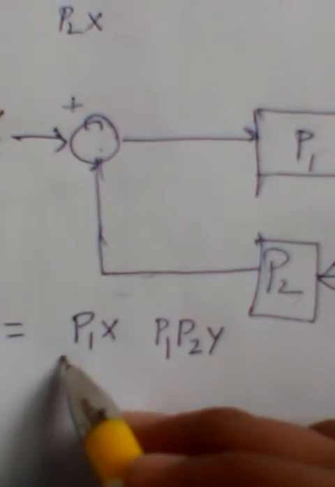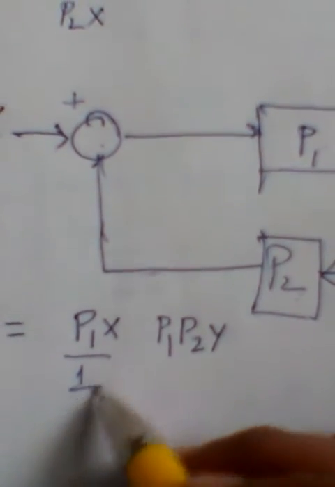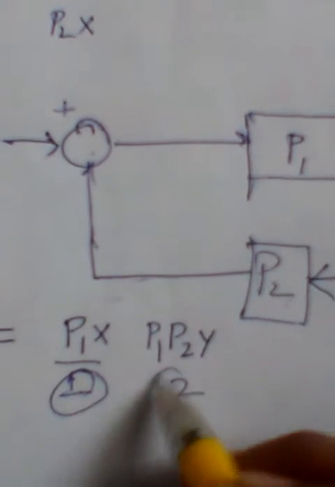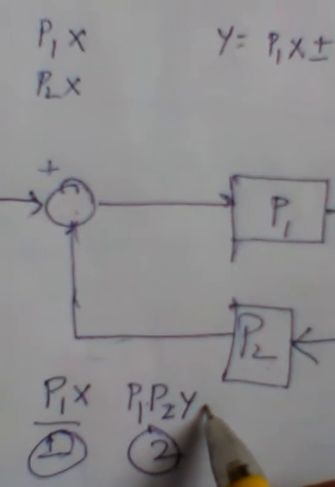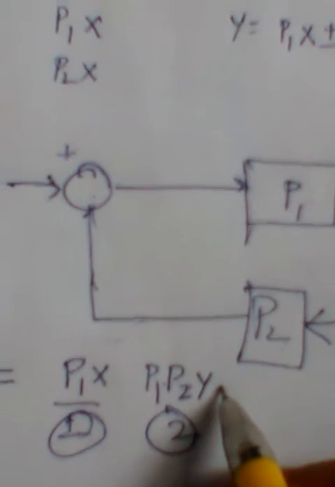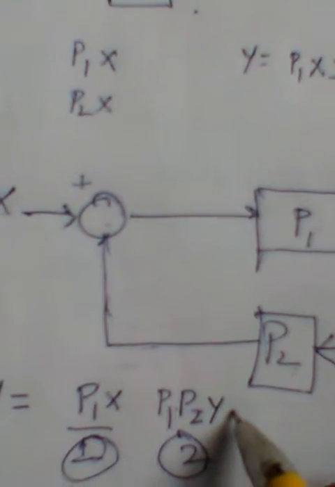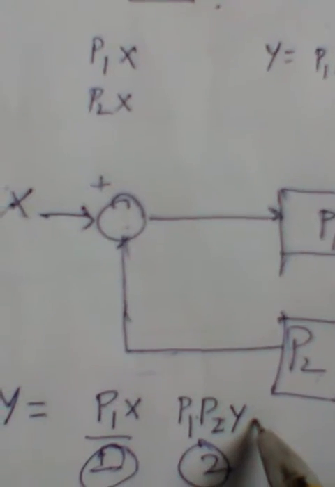So you can have p1x first, and then the second unit is p1 p2y. So this particular product is going to be evaluated in terms of y, not as x and a combination of y.